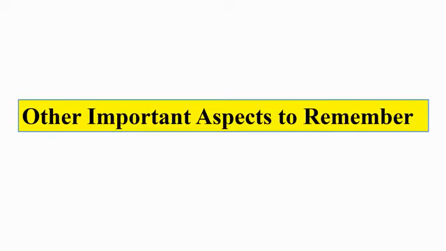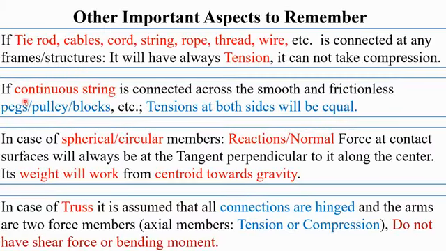Other important aspects to remember: if a tie rod, cable, cord, string, rope, thread, wire, etc. is connected at any frame or structure, it will always have tension. It cannot take compression. I'll explain it again. If a continuous string is connected across smooth and frictionless pegs, pulleys, blocks, etc., tension at both sides will be equal.